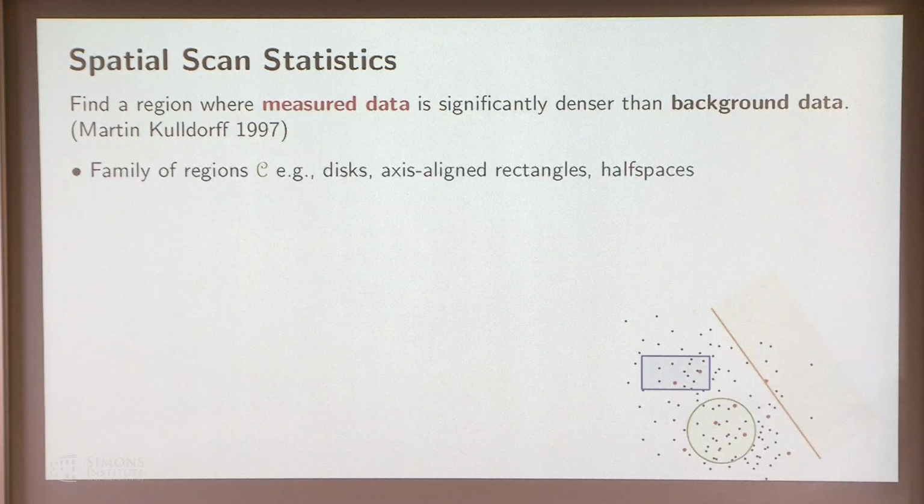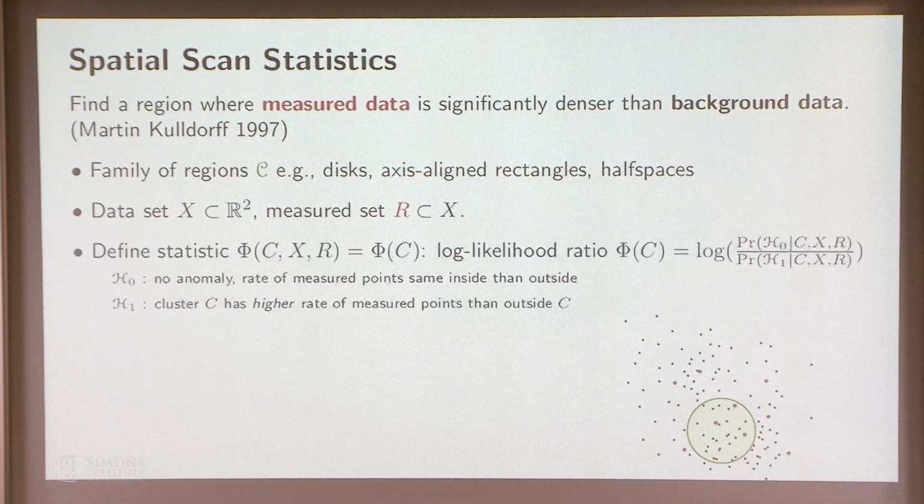To do this properly, and not all people applying this necessarily follow this, I really believe you need to add some geometric structure. You want to determine some family of ranges and find the object inside the class of all disks, or all axis-aligned rectangles, which, given this measured data set, has some statistic, and you want to maximize the statistic over all possible ranges.